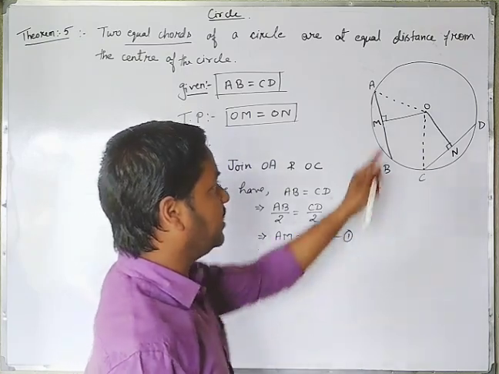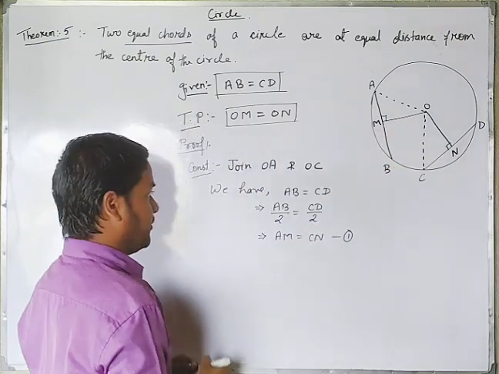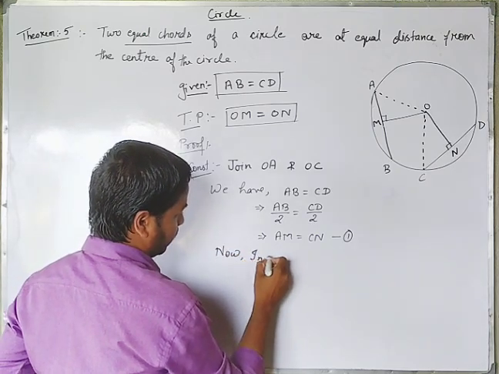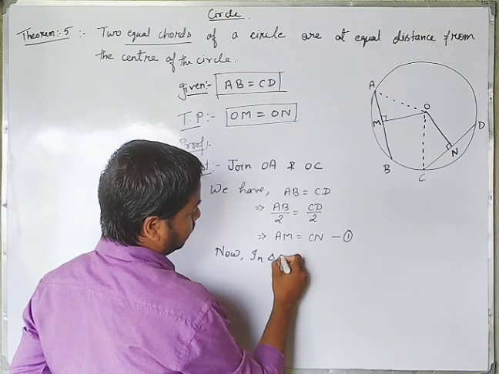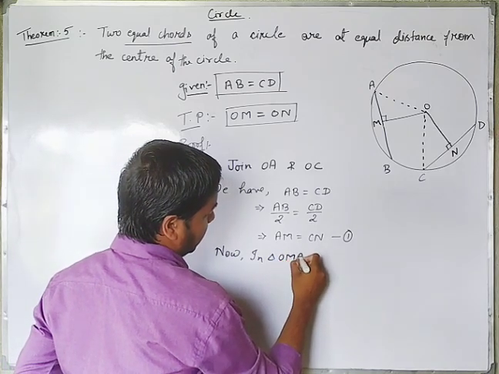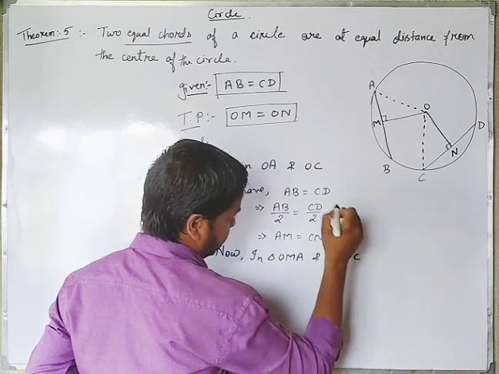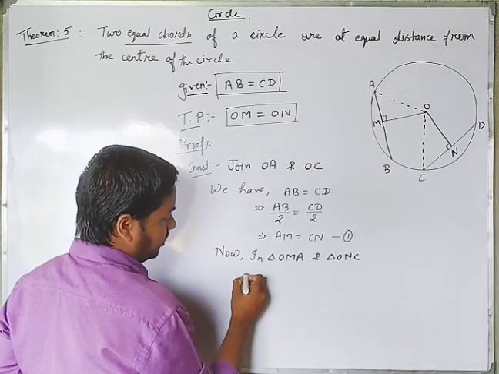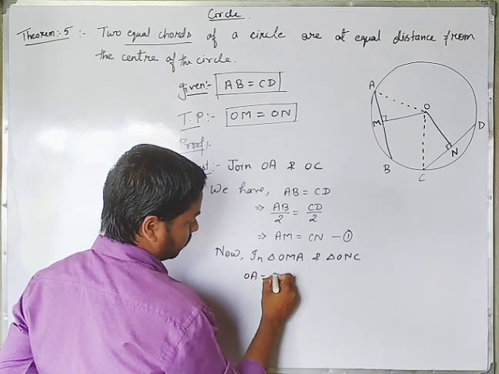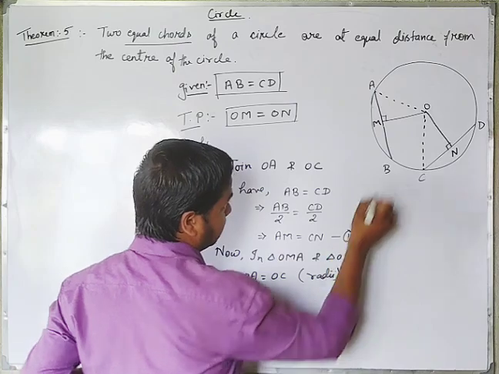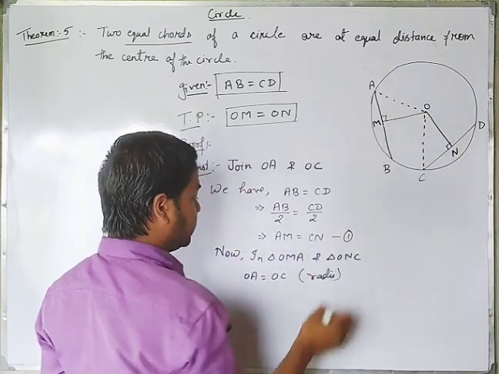Now we will take these two triangles. We will write, in triangle OMA and triangle ONC, what do we have here? OA equal to OC, that is radii for both the triangles.